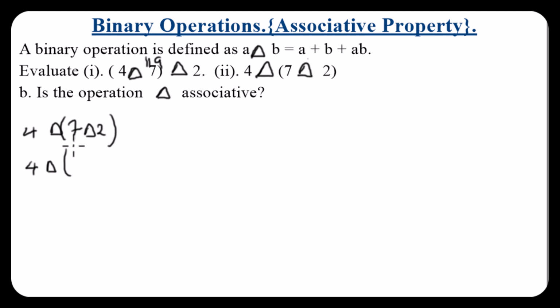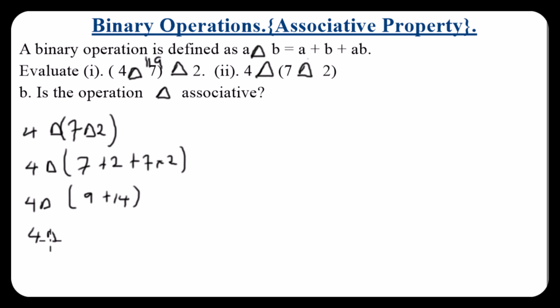So 7 becomes my A, and 2 becomes my B. I have 7 plus 2 plus 7 times 2. So it becomes 4 delta, and then 7 plus 2 is 9. 7 times 2 is 14, and 14 plus 9 is equal to 23.